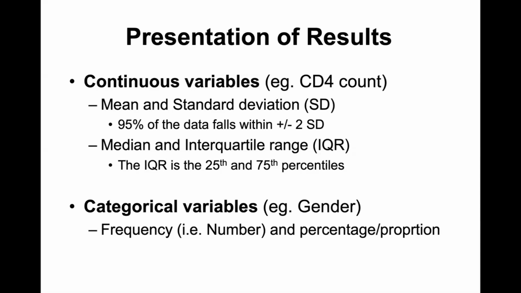So for Farzani's case, disclosure worries had a median of 60. The 25th percentile and 75th percentile, and saying 25th and 75th percentile is synonymous with interquartile range.